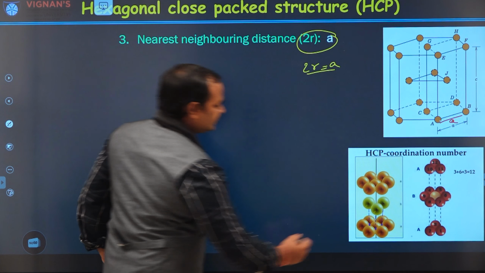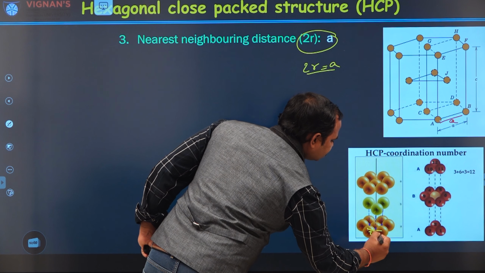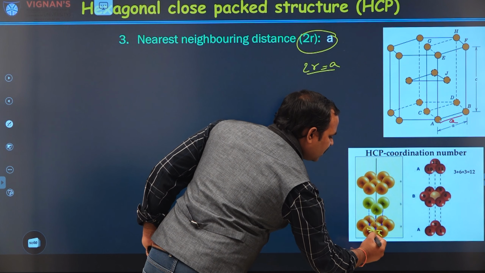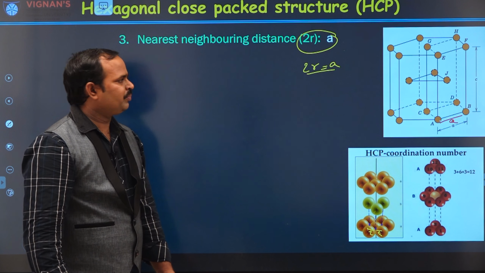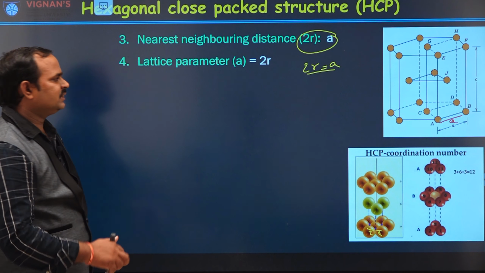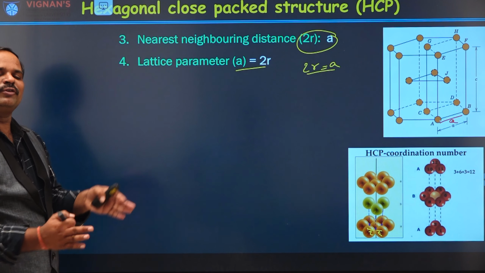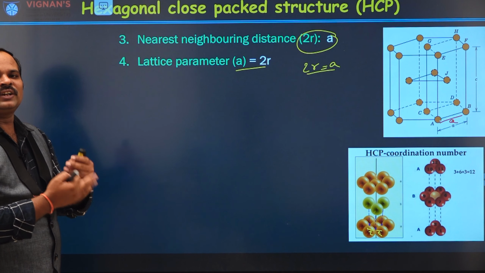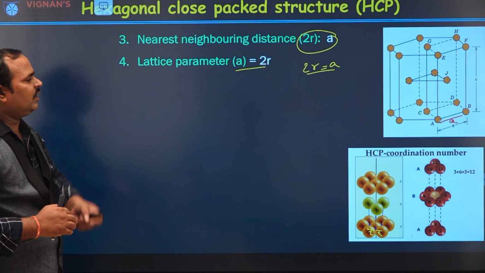That means the distance from here to here, this is r, this is r, is r plus r, 2r, which is equal to a. Then the lattice parameter is simply a is equal to 2r. We just rearrange them: if we find one, we can automatically find the lattice parameter and the atomic radius.